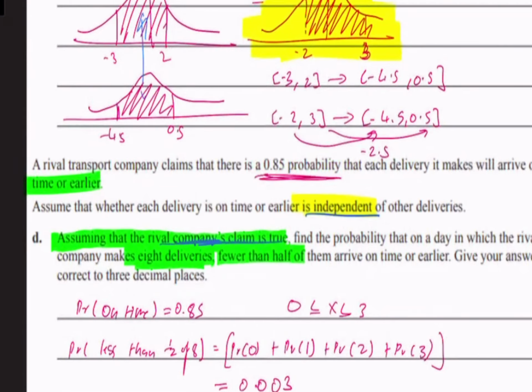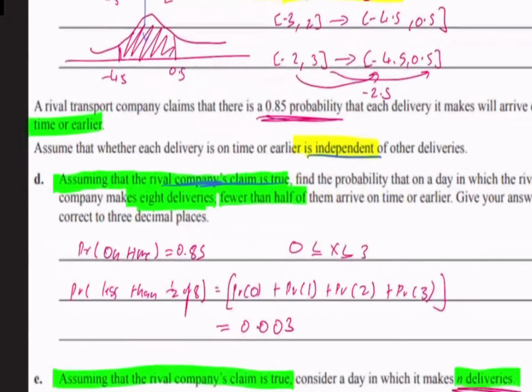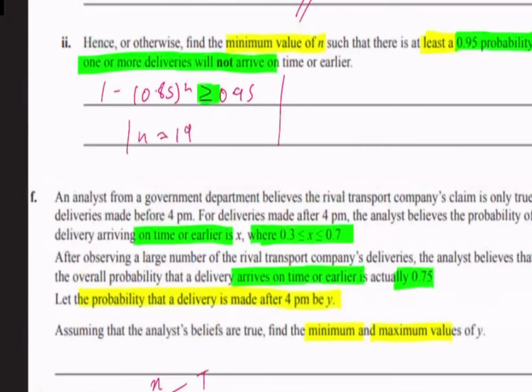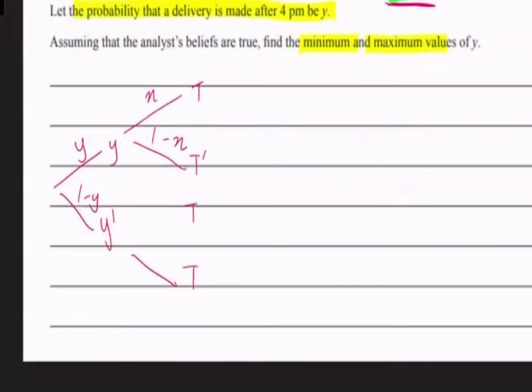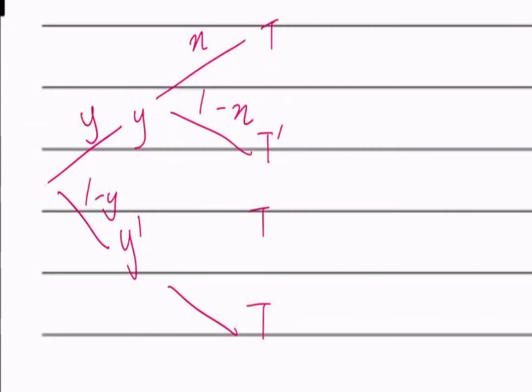They've not actually changed the value. 0.75 is the overall probability, but this branch is before 4 p.m., so we can keep the 0.85 value.